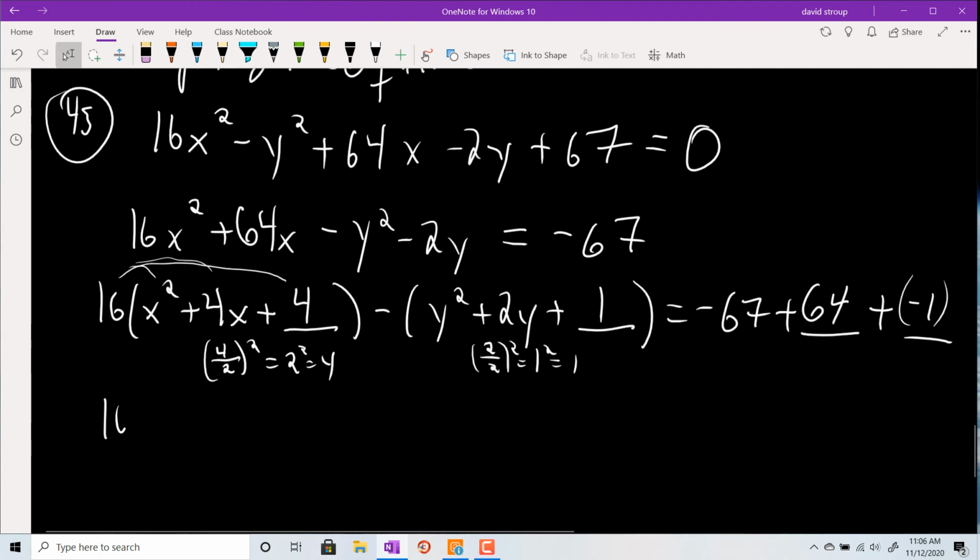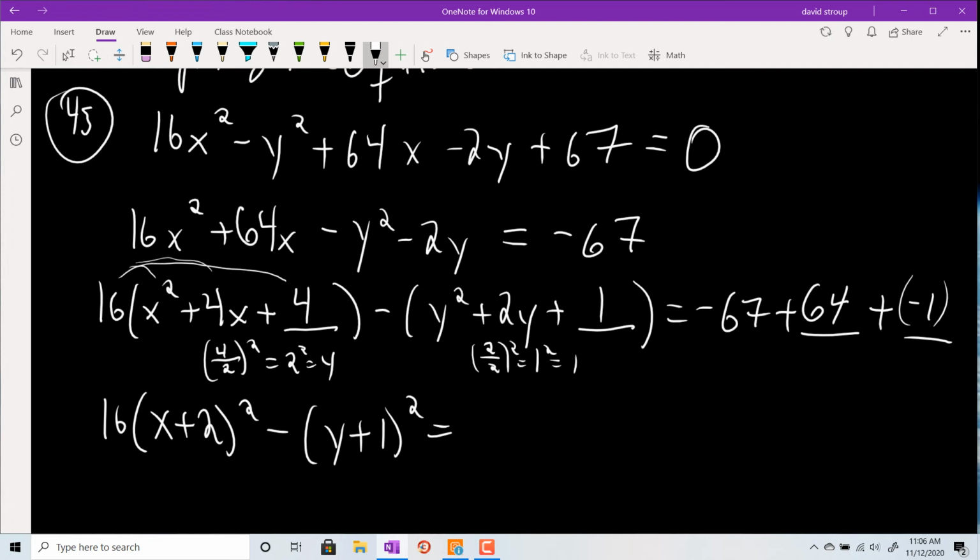Okay, so now factor: 16 times (x plus 2) squared minus (y plus 1) squared equals -67 plus -1 is -68, plus 64 is -4.